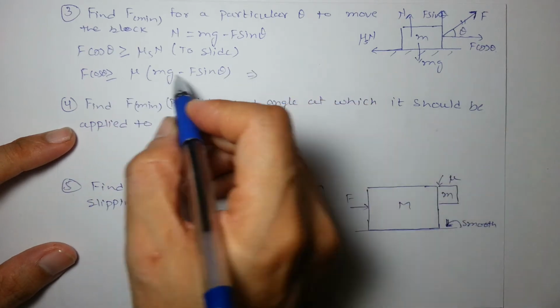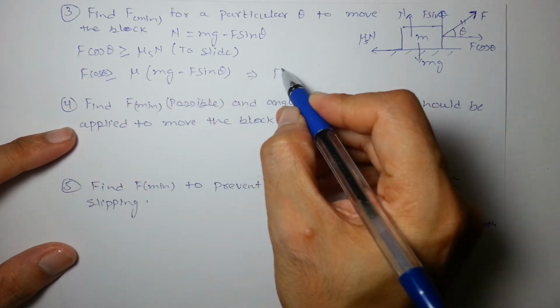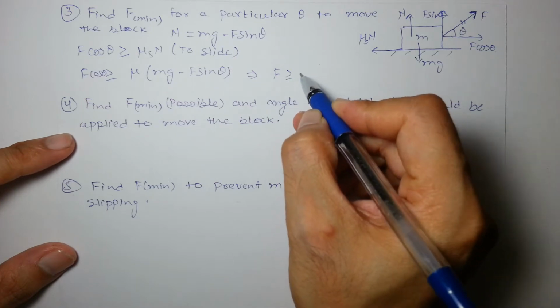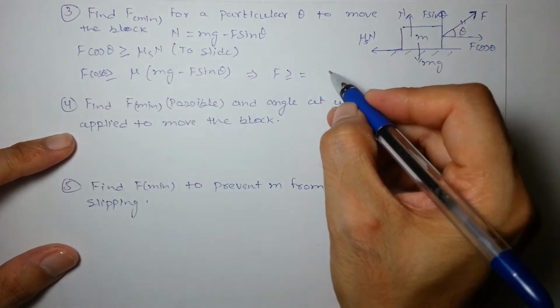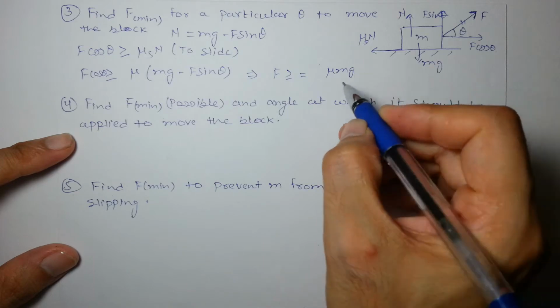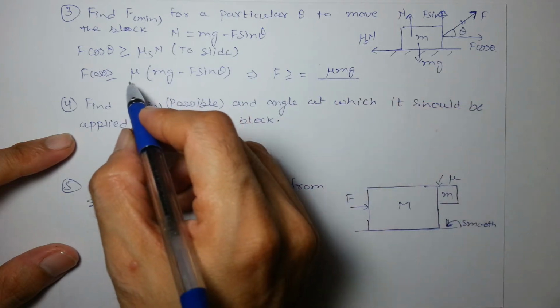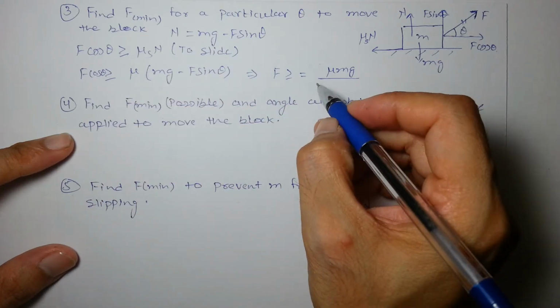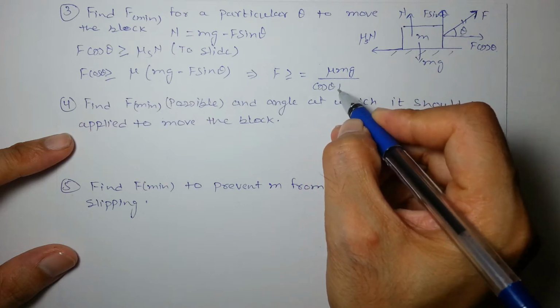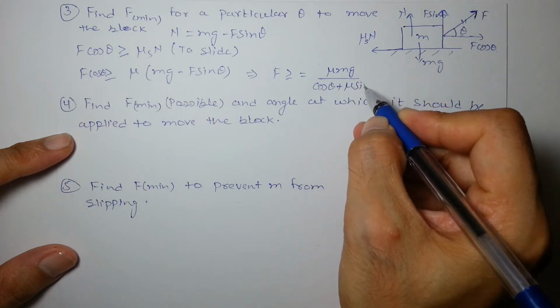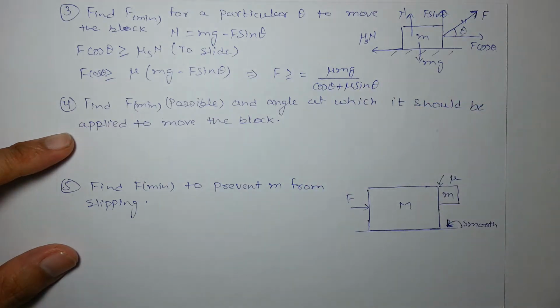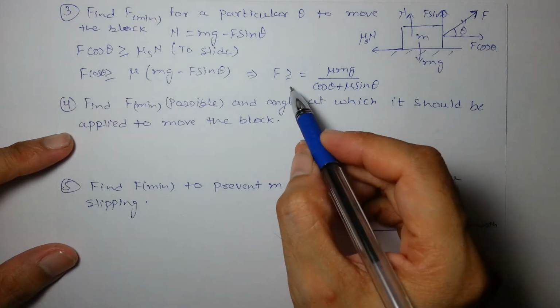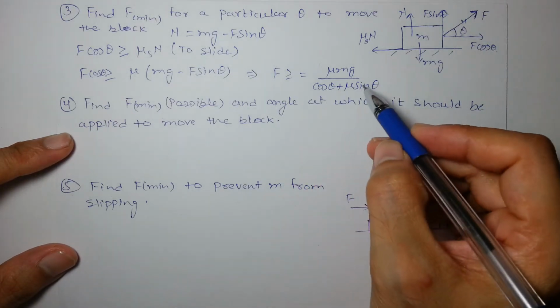Taking F on one side, we get F should be greater than or equal to mu mg by (cos theta plus mu sin theta). So F should be just greater than or equal to this force.